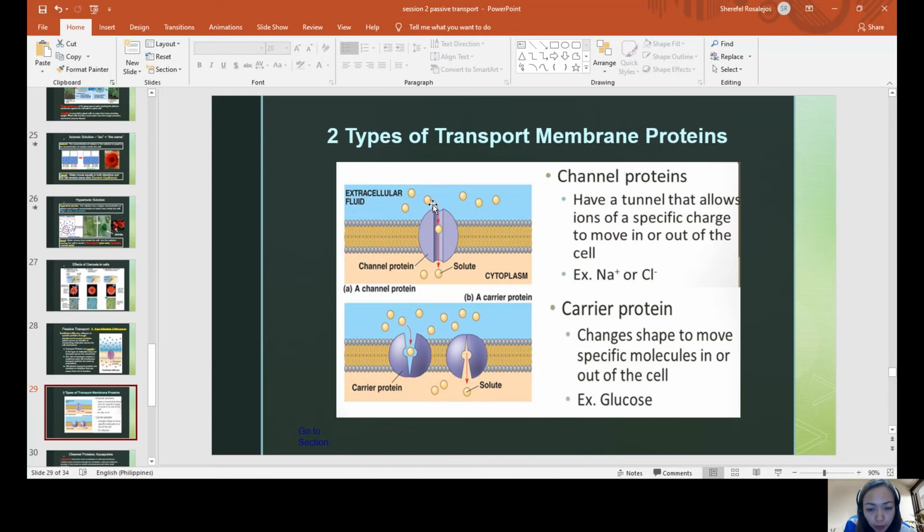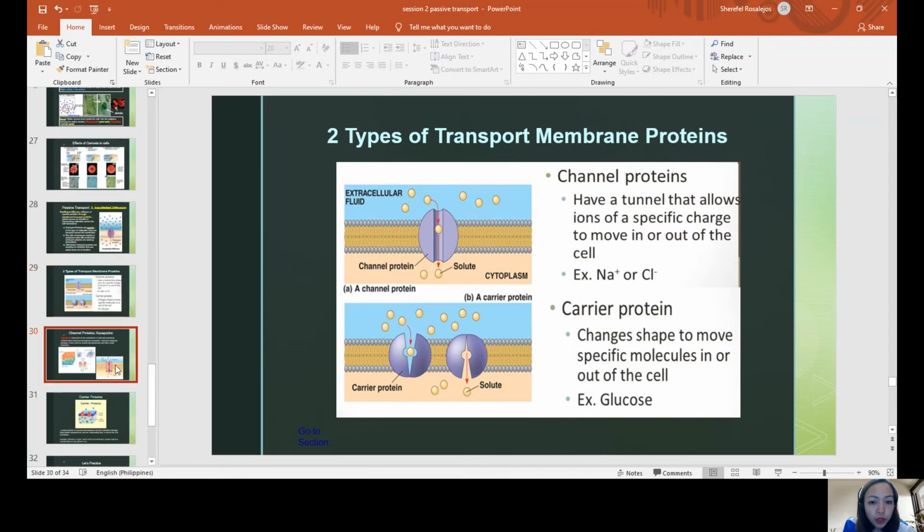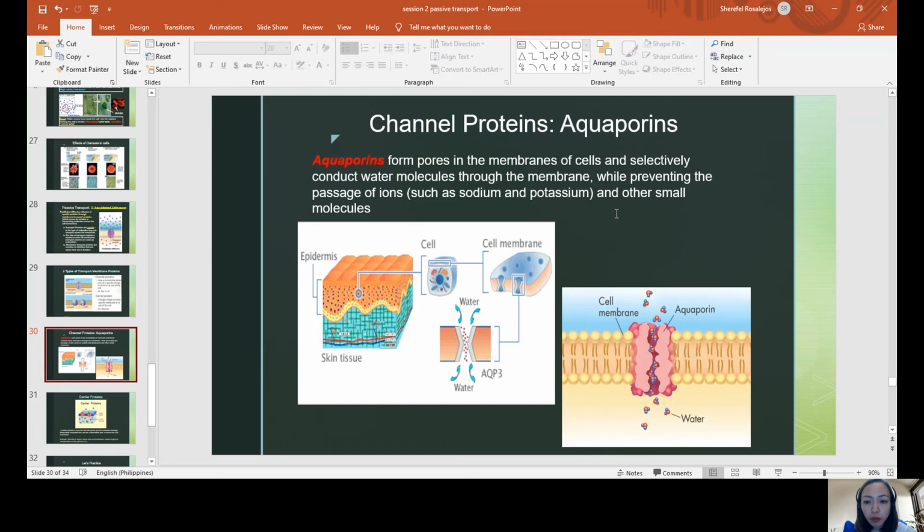You can see it circled, and it will only allow, for example, sodium and chloride. The carrier protein is unique. Why? Because it will change shape depending on which molecules are entering. Also very specific. Okay, let's go first to channel proteins.